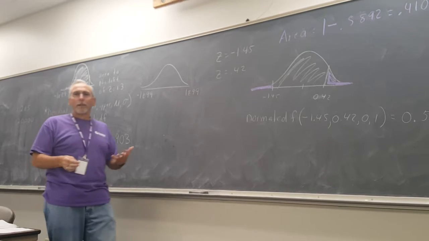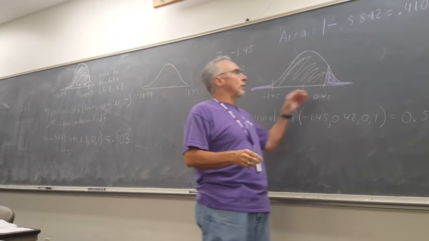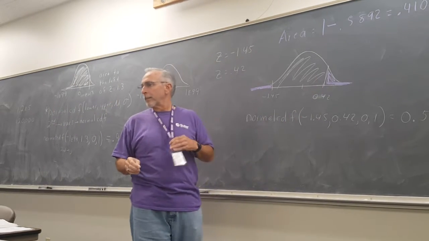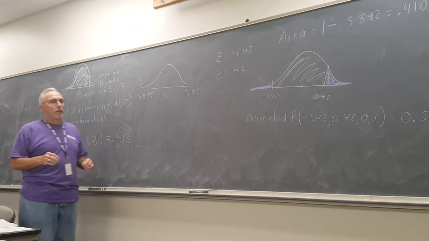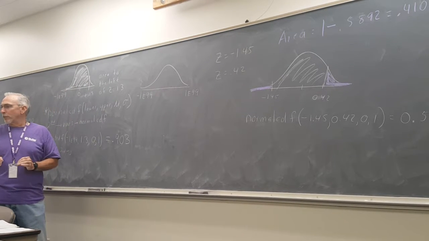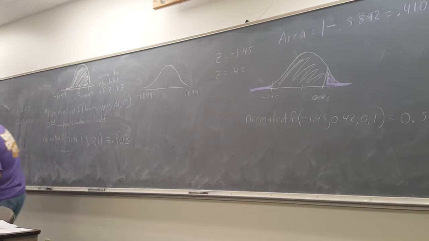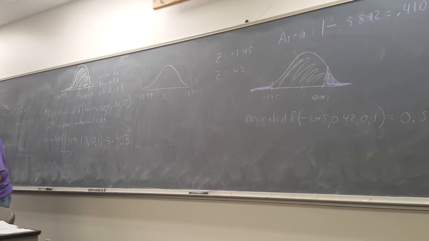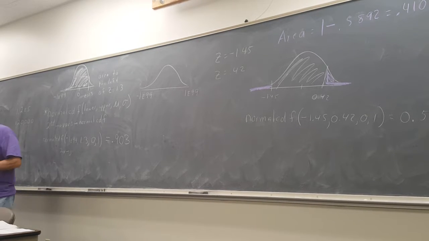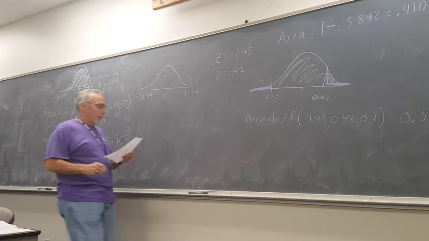So you can find the area on the outside by taking 1 minus the area on the inside. So far, so good. And I think she has one more fun problem for you to do. Look to the next one.